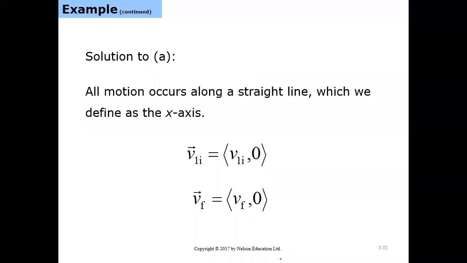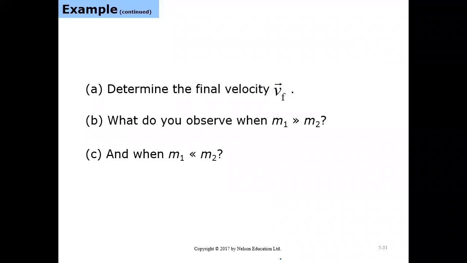But we have some more questions. We got the answer to A as an expression, not a number. What happens when the one that is coming is big and heavy, and the one here, m2, is less massive? You can guess.